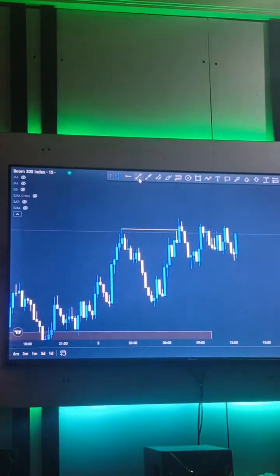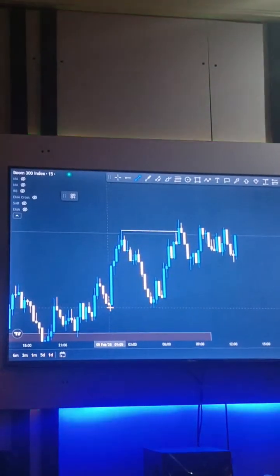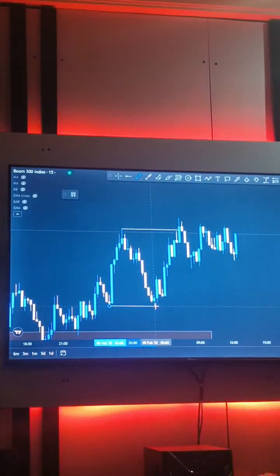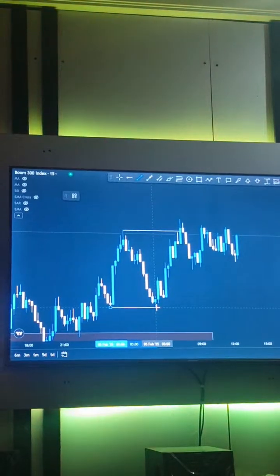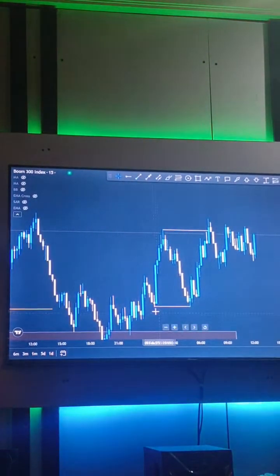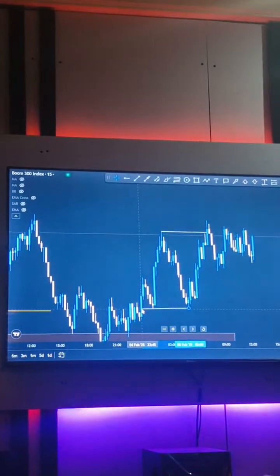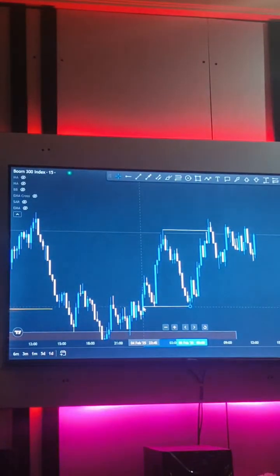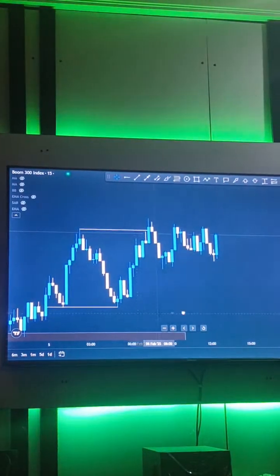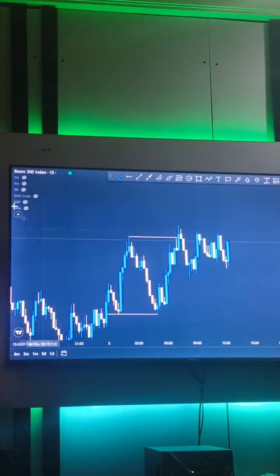It's not possible. This looks like an equal low, a very nice equal low.